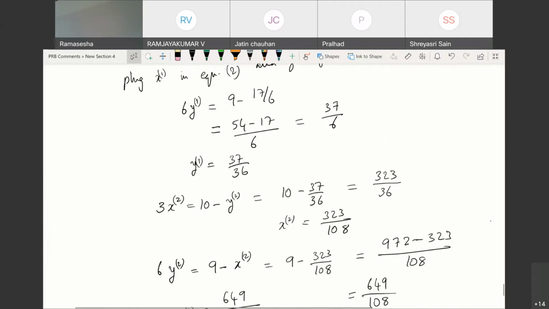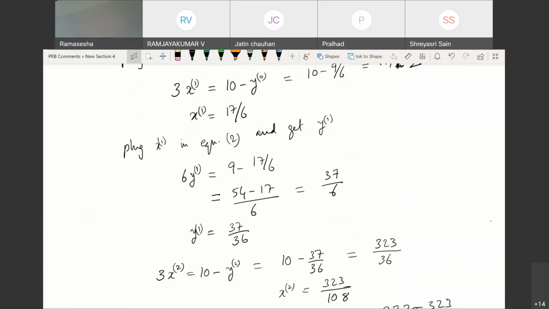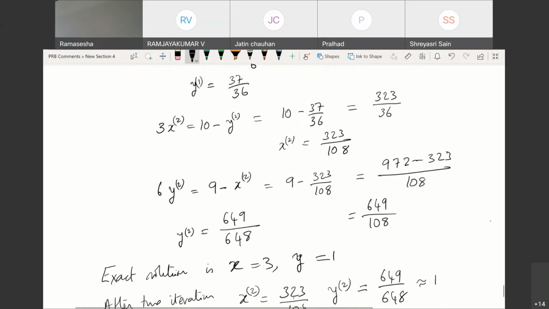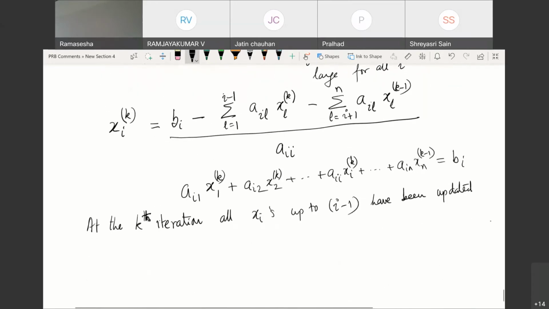When I was trying to calculate x1, I only had the value y0. But when I came to y1, I had the value of x1, because x1 is what I have substituted here. So whenever I look at variables to the left of the equation, they are all updated. For example, x1 comes to the left of y1, so that was already updated when I came to y1. So all these are updated.